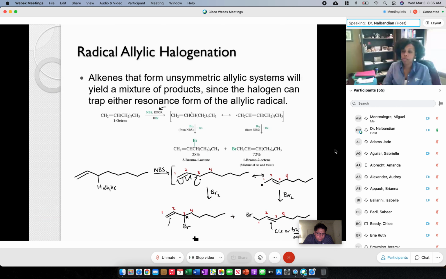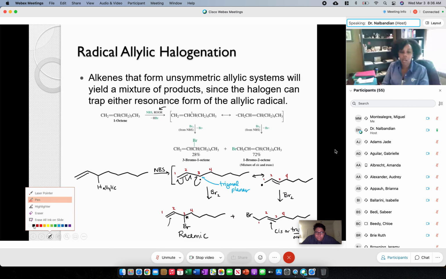We know carbon 3 is chiral, and so we put an asterisk there, and we can put racemic underneath it. Why is it racemic? Well, remember that our radical carbon, carbon 3, is trigonal planar. And so if that's trigonal planar, our bromine can attack from the top or the bottom, front or back, which means that we have both of those products, one where the bromine is on a wedge on carbon 3 and one where it is on a dash on carbon 3, meaning that it is a racemic product.